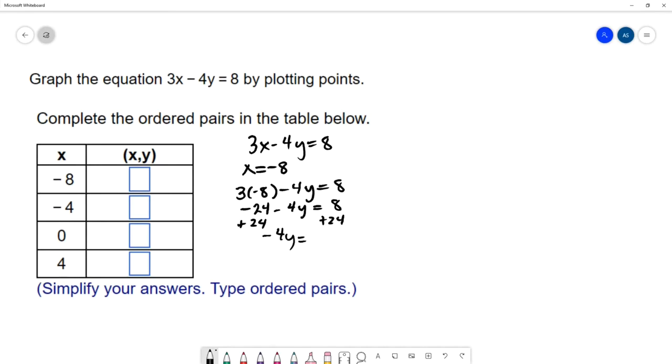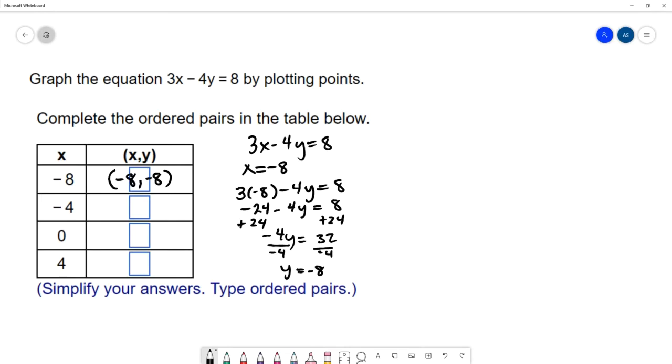Negative 4y equals 32. I'll divide both sides by negative 4 to get y equals negative 8. So in this blank we would type negative 8, comma, negative 8 as an ordered pair.